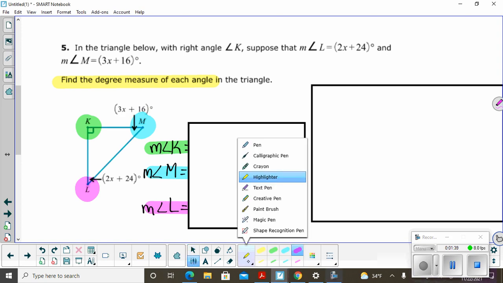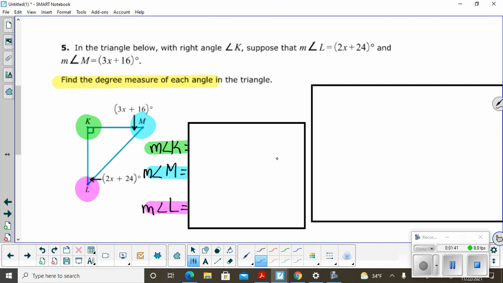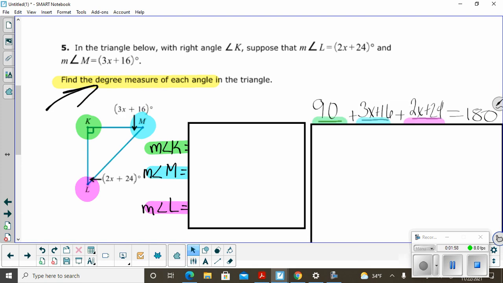When you're reading your questions, look for what they're actually trying to have you solve. In this one, you're going to see that you're looking for the degree measurements. So you're not just trying to solve for x, you're actually trying to find what the actual degrees are.